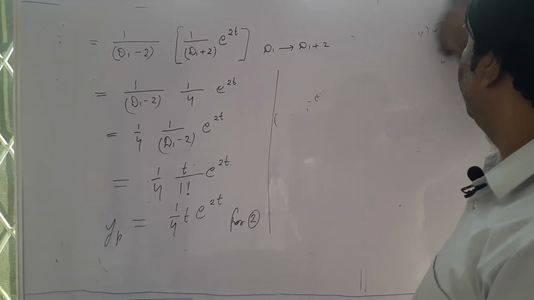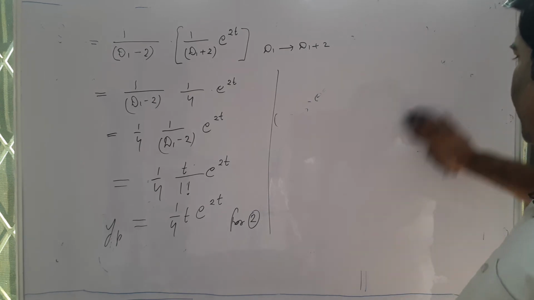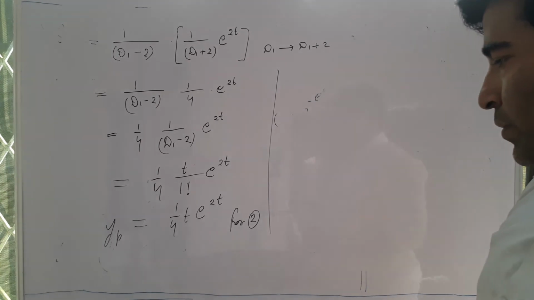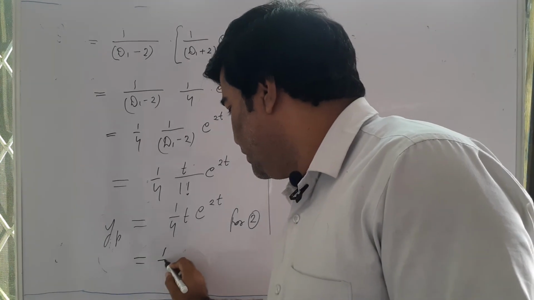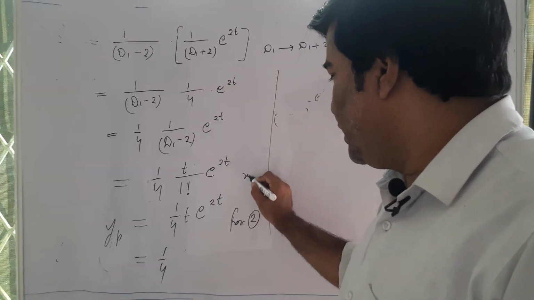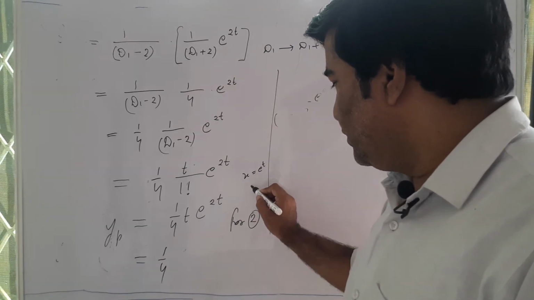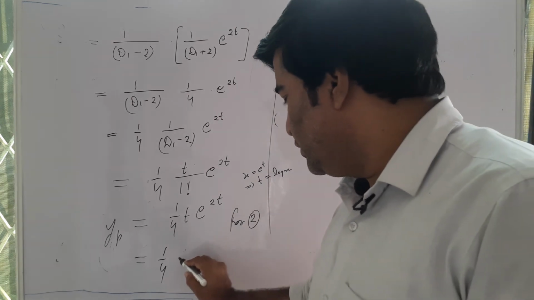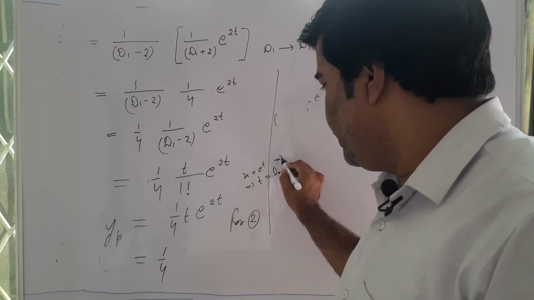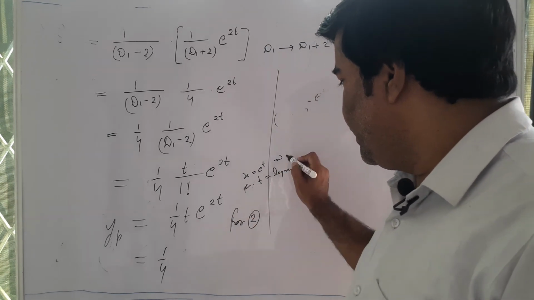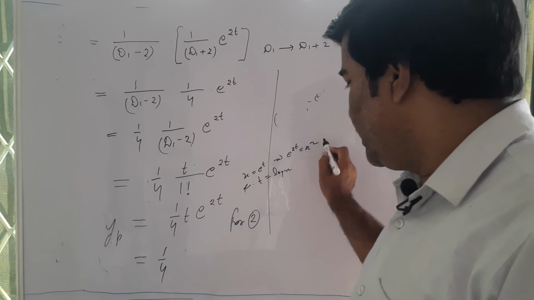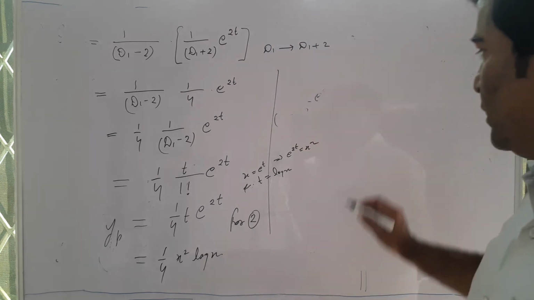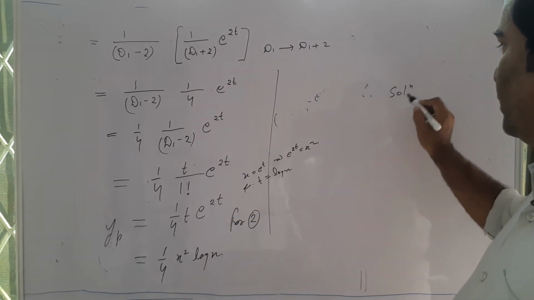For equation 1, we need to convert this particular integral into x. Since x is e to the power t, t is log x, and e to the power 2t is x squared, so we have 1 by 4 x squared log x.